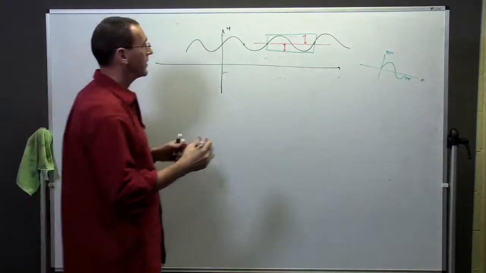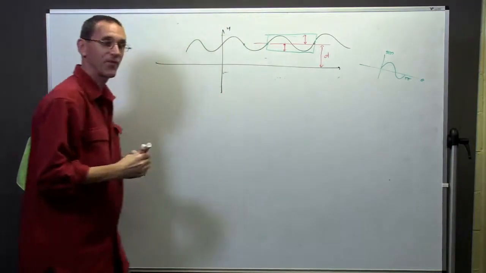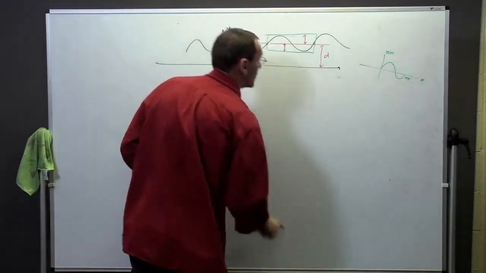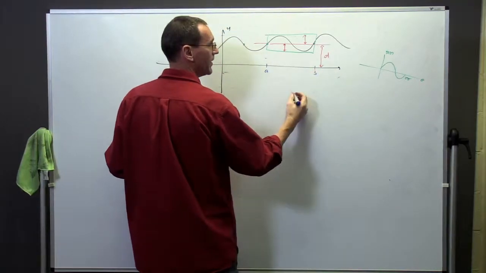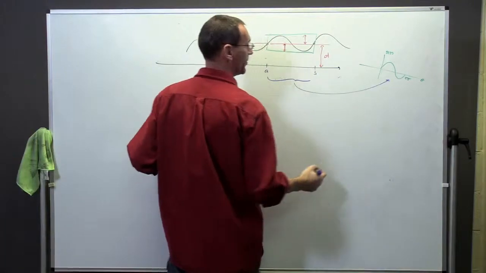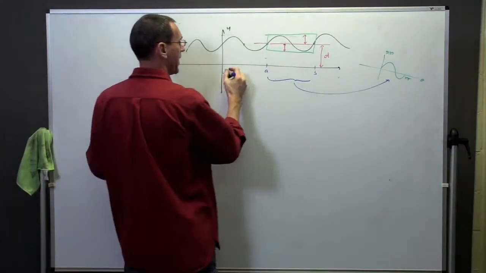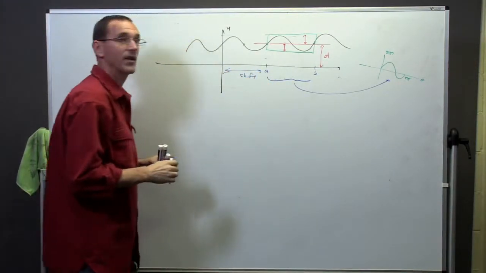How much I shift up this center is how much I shift the whole function. But in terms of what's going on horizontally, I've got to figure out how this is going to go from 0 to 2 pi in terms of my angle theta, and then how much I'm going to shift it there.